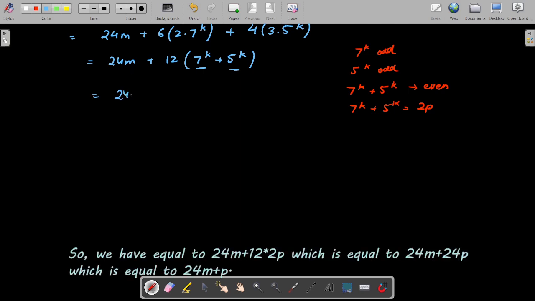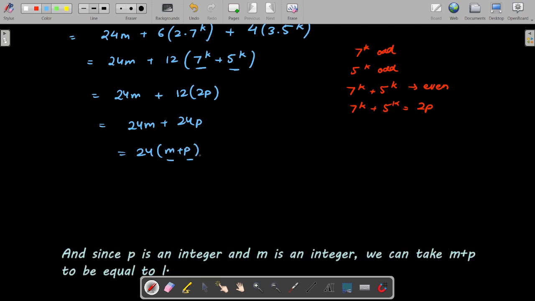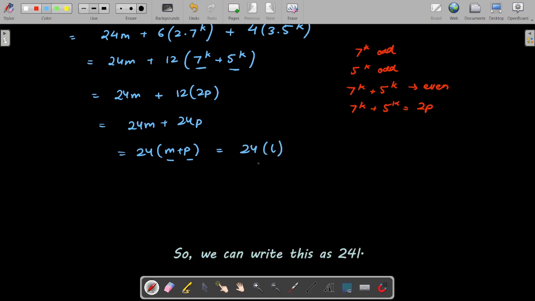So we have 24m plus 12 into 2p, which is equal to 24m plus 24p, which is equal to 24 into m plus p. And since p is an integer and m is an integer, we can take m plus p to be equal to l. So we can write this as 24l, right?